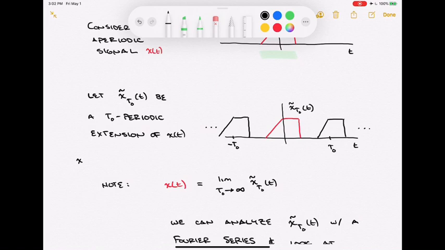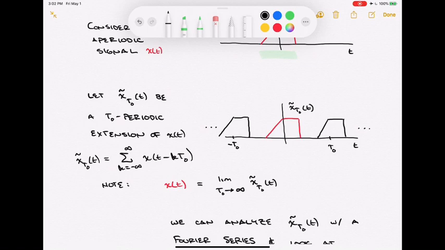I could say that the periodic replication, x tilde sub t naught, is just what? It's a summation, and we can sum over a bunch of copies, k equals minus infinity to infinity, and we're just making it up out of our original signal x, shifted by integer multiples of the period t naught, so k times t naught.